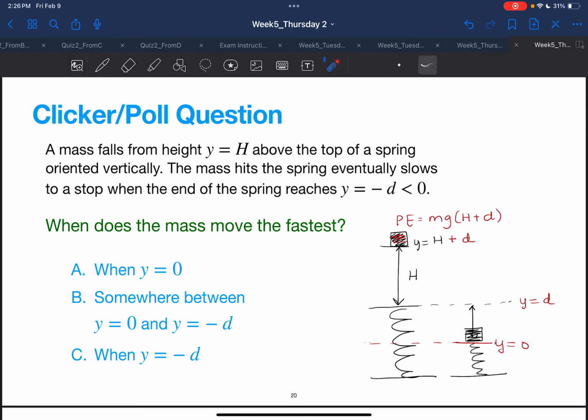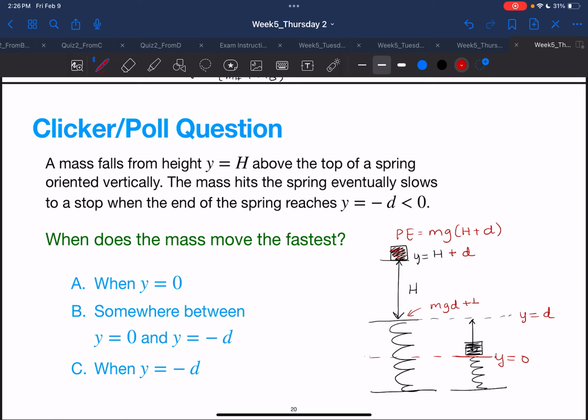Then as this block starts to fall, some of that potential energy starts getting converted into kinetic energy. So by the time we get to this point here, the total energy is mgd, because it's still some height off its lowest point, plus some 1/2 mv squared. And none of the energy is in spring potential.